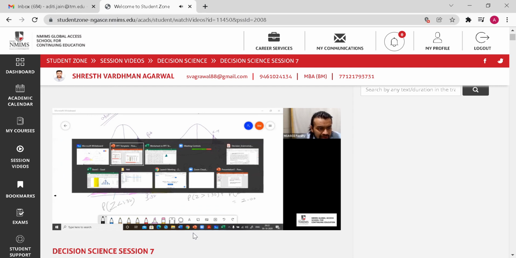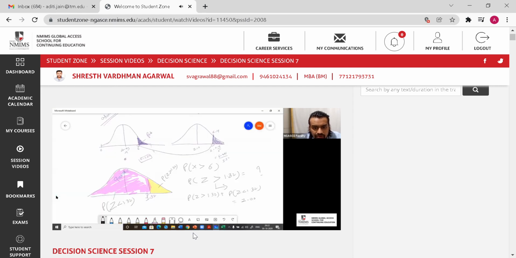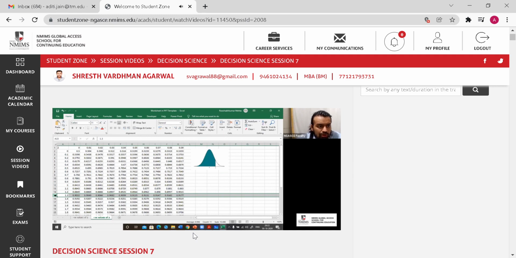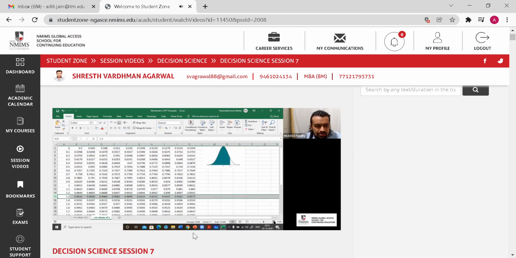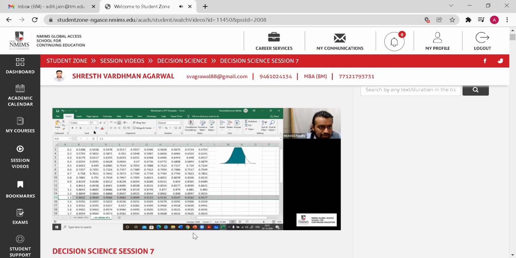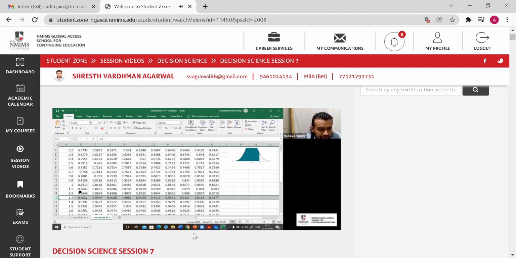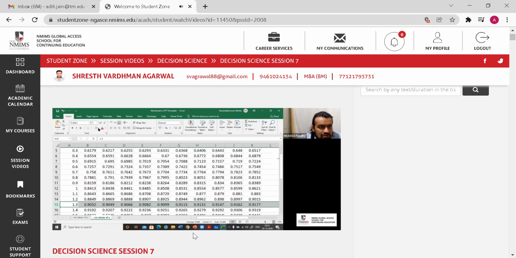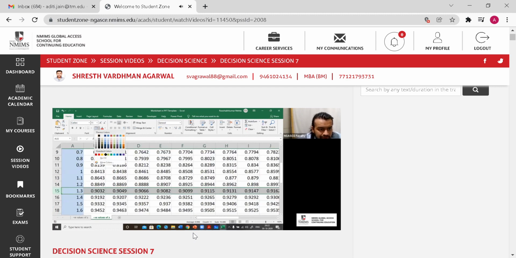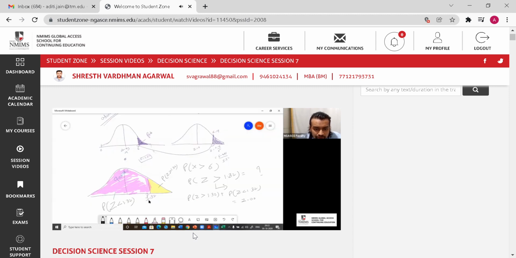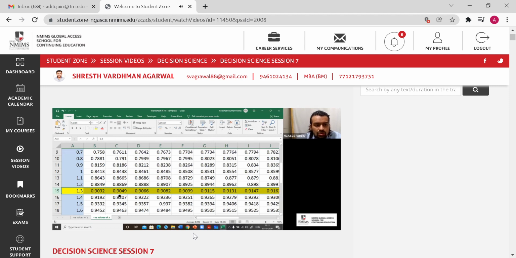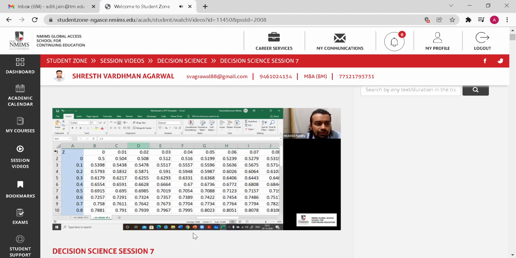Now, can you tell me where is 1.32? So this is 1.3. Can you understand this? Let me highlight this with a yellow color. This is 1.3, but our Z value is 1.32. This is 1.30. So for the second decimal place, we need to refer to the column-wise outputs. So this is 0, this is the second.